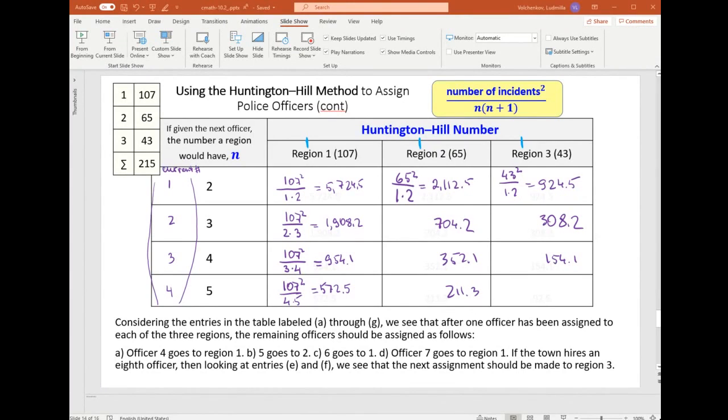You must look at the Huntington Hill numbers. The region with the greatest HH number must get the representative. So we have 5,700, 2,100, and 900. So who gets the next representative?